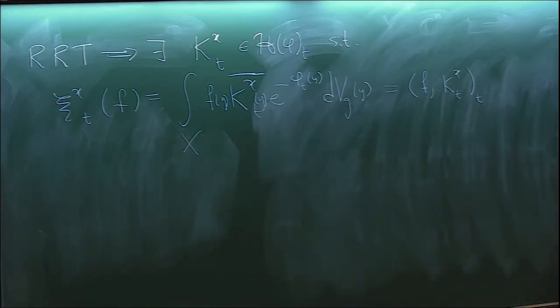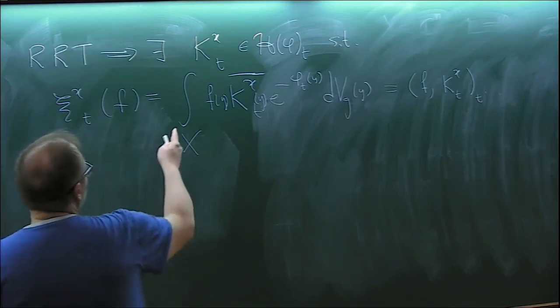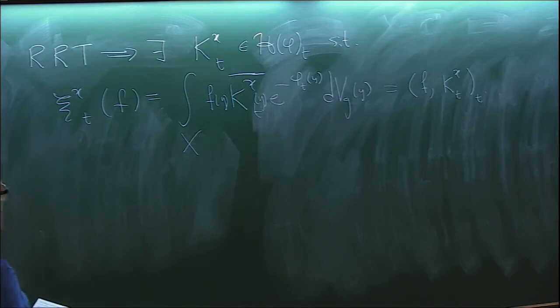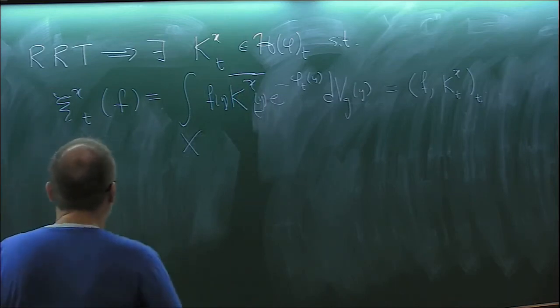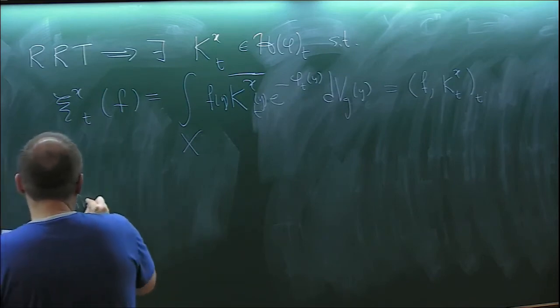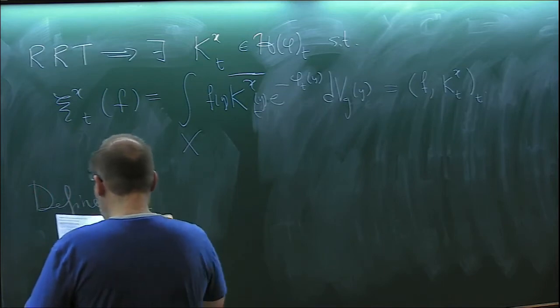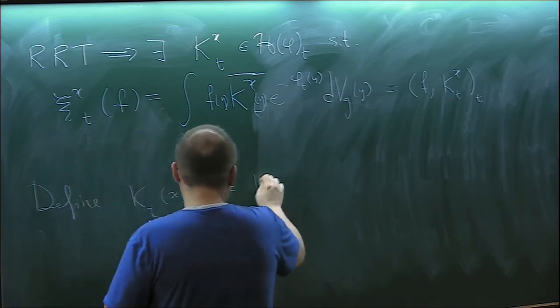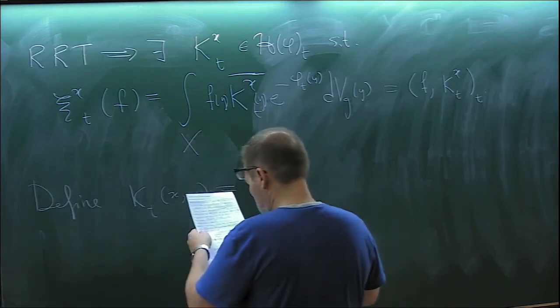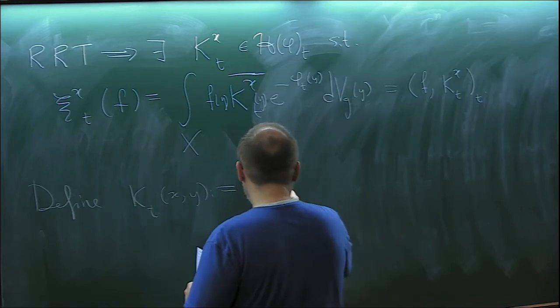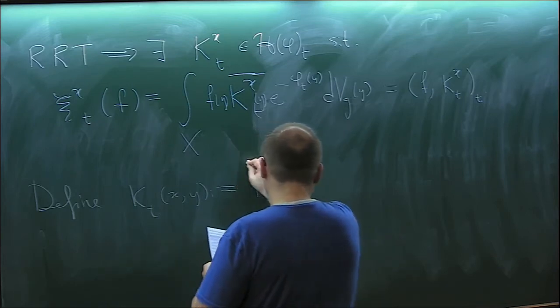Okay, and so in fact, now we know that this k_x^t is actually a section of L, but I'm going to define k_t of x and y to be k_y^t of x bar.